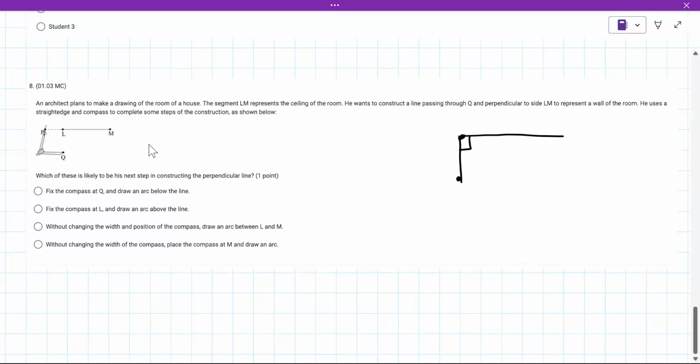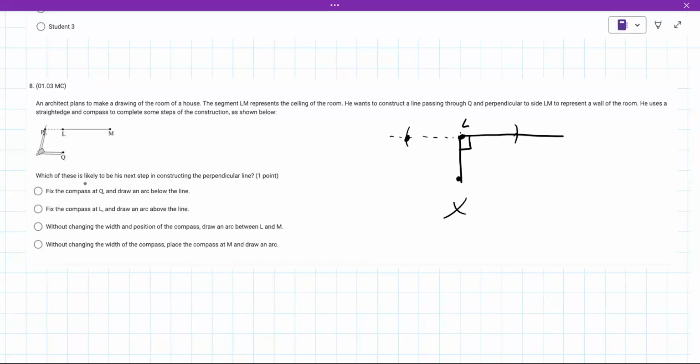And here's how you can do that. Well, the traditional way to do this is to go to point L, fix the compass at L, and swing an arc. Then you go to each of those and swing an arc, and then you go to the other one, fix it and swing an arc.